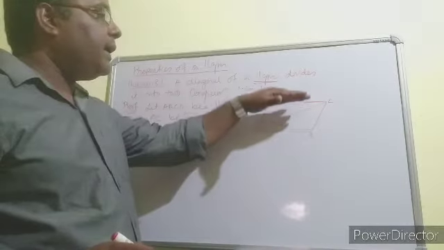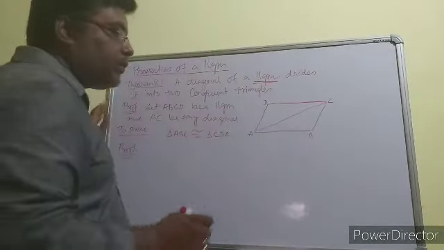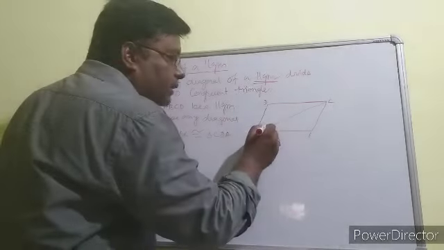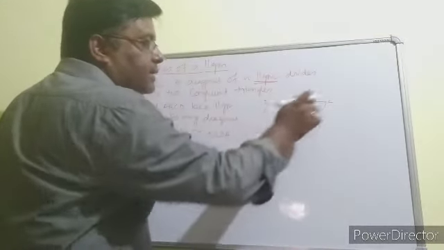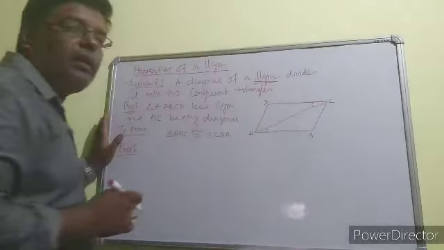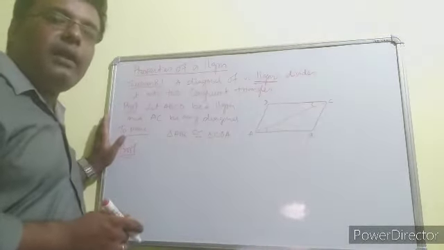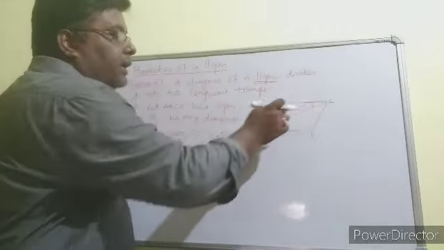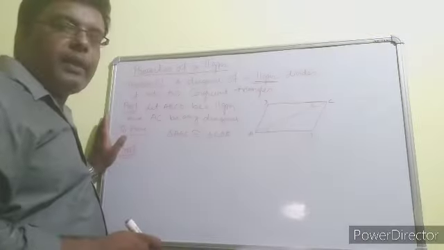So AB and CD are parallel, and AC is a transversal. That's why this angle BAC is equal to angle DCA. Why are they equal? They are alternate interior angles.